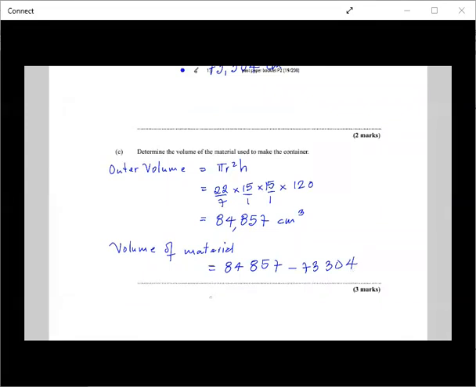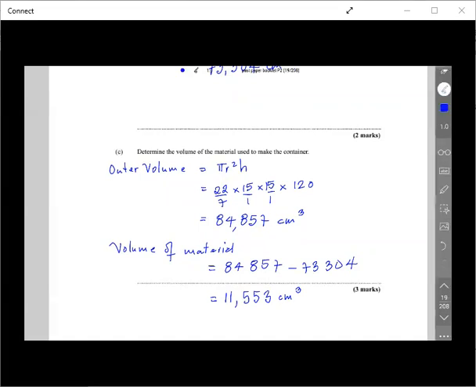This comes out to be 11,553 centimeters cubed. The inner volume is equal to the capacity. So all I did was take the outer volume, then take away the inner volume, and what is left is the volume of the material.